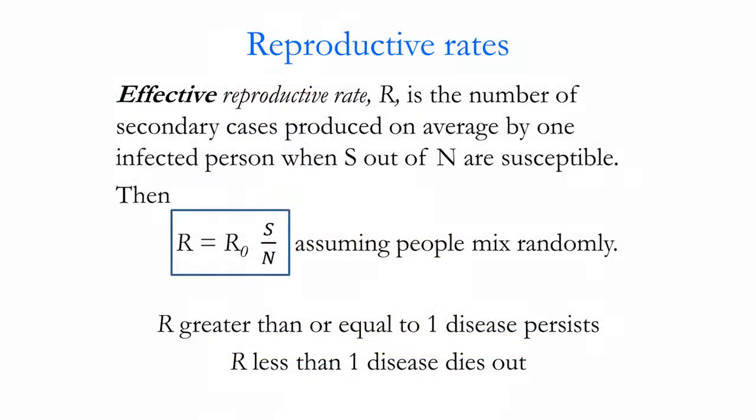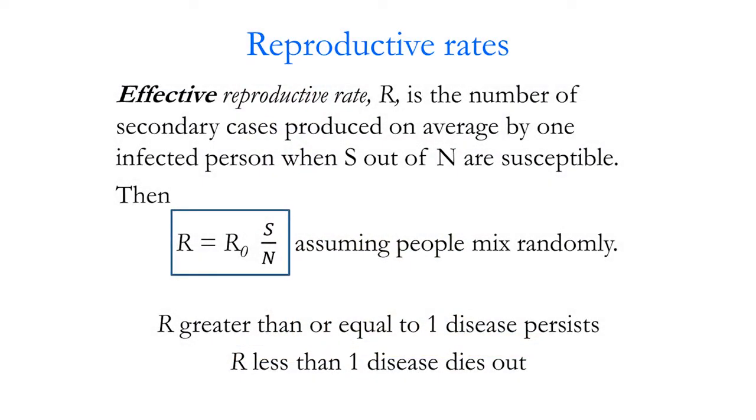But of course, this is not what happens, because if an infected person is in the population, not everybody is going to be susceptible. There are going to be other infected people. Also, there are going to be people who have recovered and are immune. So that's why we introduced what I'm calling in this lecture the effective reproductive rate. The effective reproductive rate is trying to be realistic.